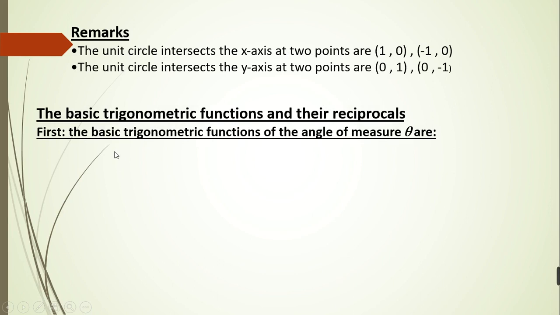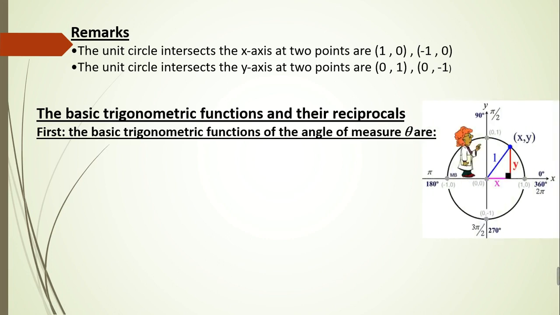The basic trigonometric functions and their reciprocals; reciprocal means the multiplicative inverse. If I have a unit circle like this, and a point with coordinates x and y, I go along the x-axis a distance of x, then go up y, and we can form this right angle triangle.